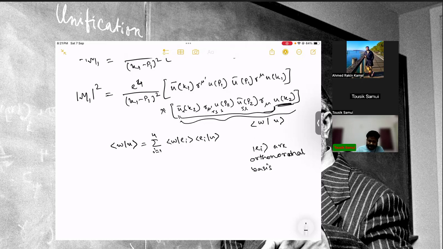And in between w and u, we are inserting this completeness relation, because we know this is identity for an orthonormal basis.